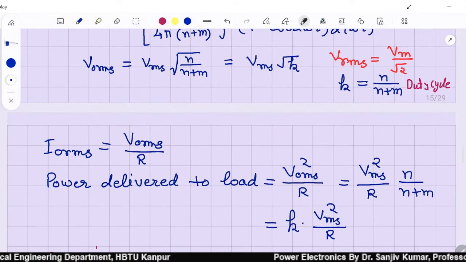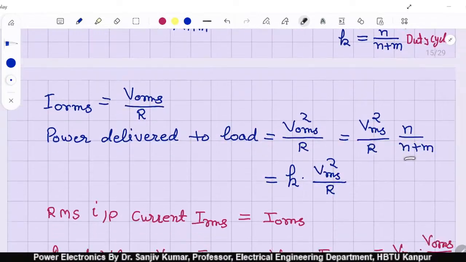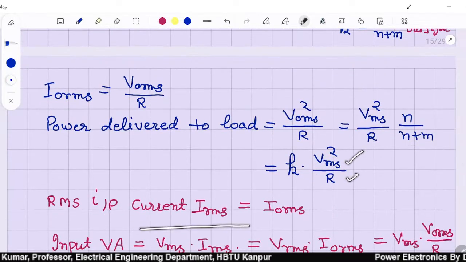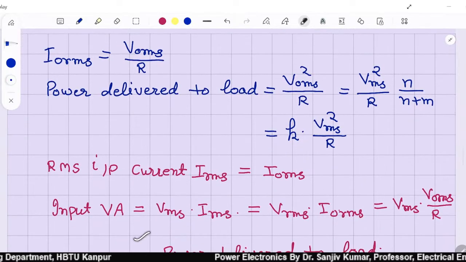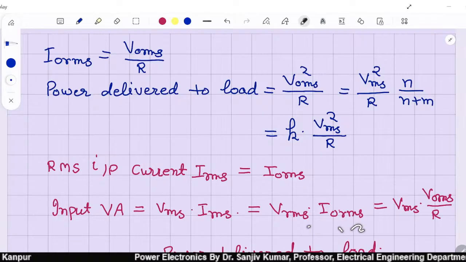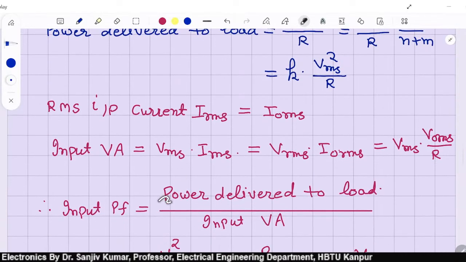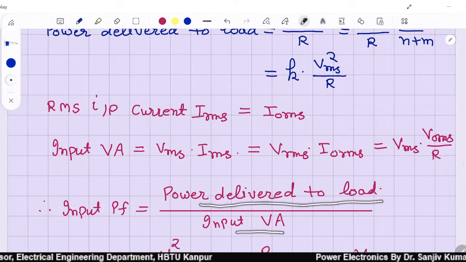Now power delivered to the load is simply Vo RMS squared by R. It is given by K times Vrms squared by R. Now RMS input current Irms is equal to Io RMS. So input VA is equal to Vrms times Io RMS. Just put this value, and the input power factor we know is power delivered to the load divided by input VA.